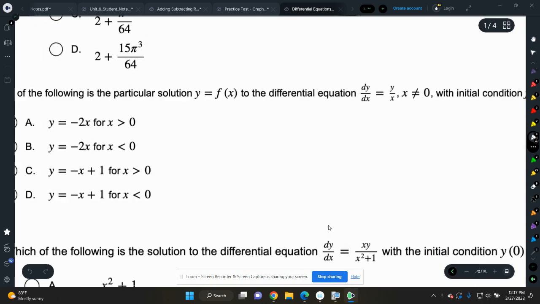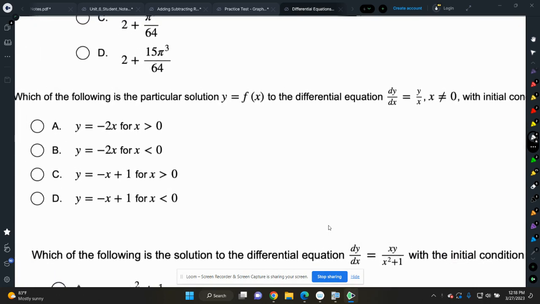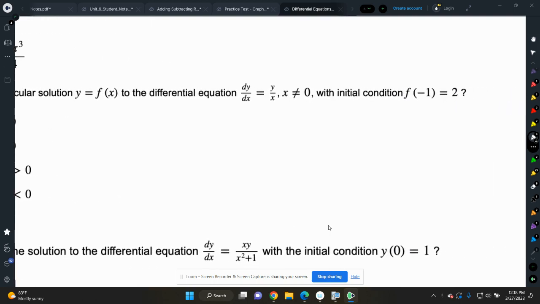All right. It said, which of the following is the particular solution, y equals f of x, to the differential equation? When we have a differential equation and we're asked to solve it, that means we're trying to solve for y.